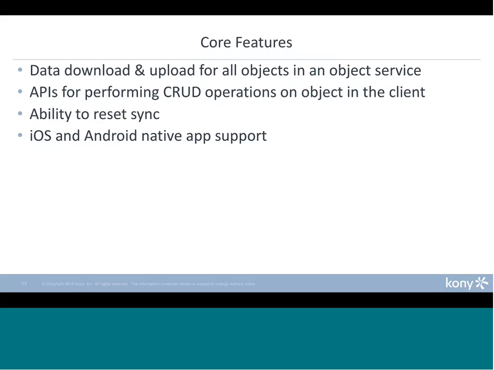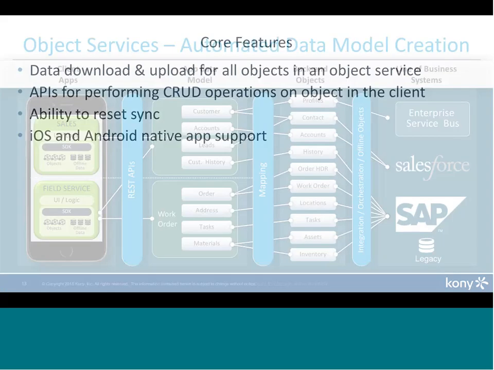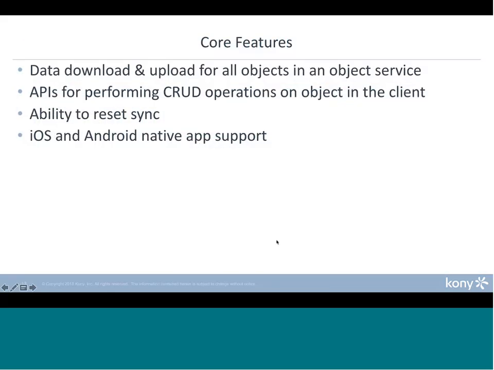For example, in our work order case, we had 4 objects: order, address, tasks, and material. For a typical object service, you will be able to synchronize the work order object service itself, and it will synchronize the data for all of them in one shot, right? So that feature is definitely available.